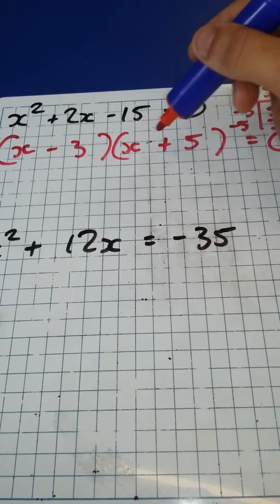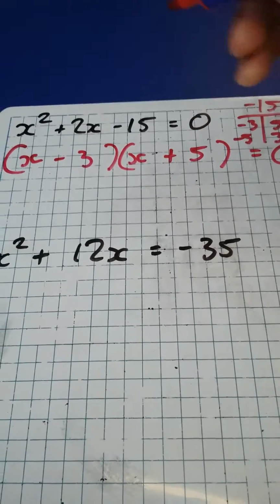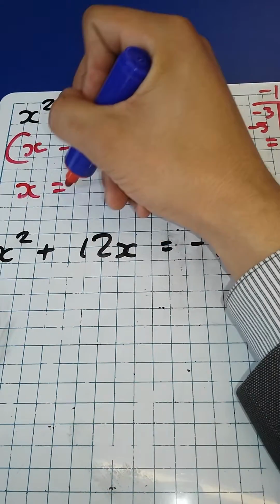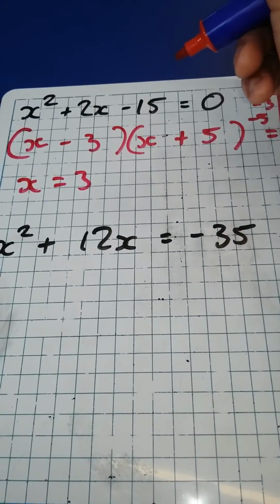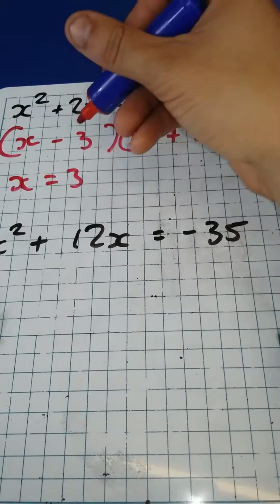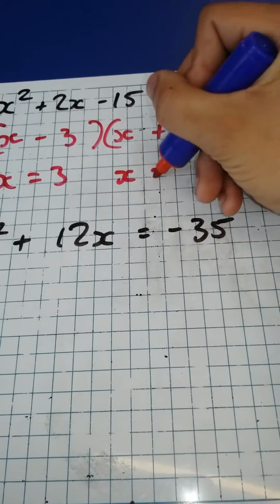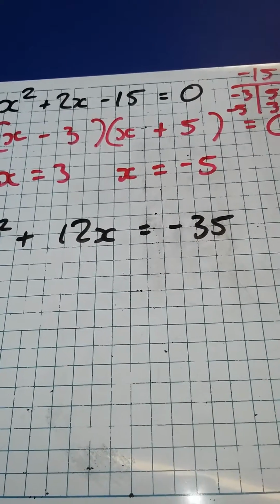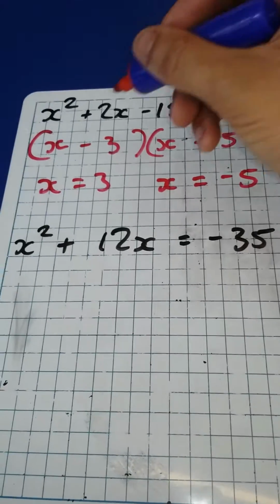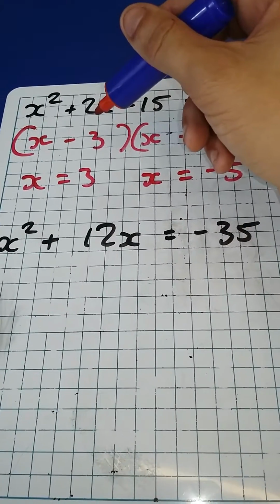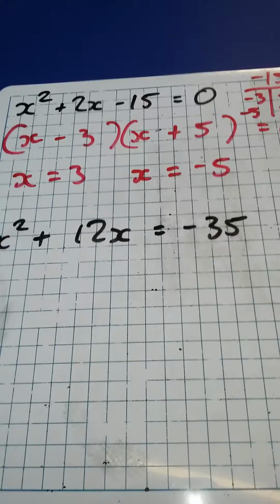Because remember, these brackets are multiplying each other. So if x is 3, 3 minus 3 is 0, and whatever that is times 0 is 0. But x can also be negative 5, because negative 5 plus 5 is 0, and whatever x minus 3 is, times 0 is going to be 0.